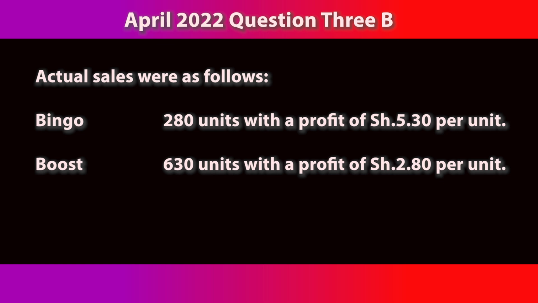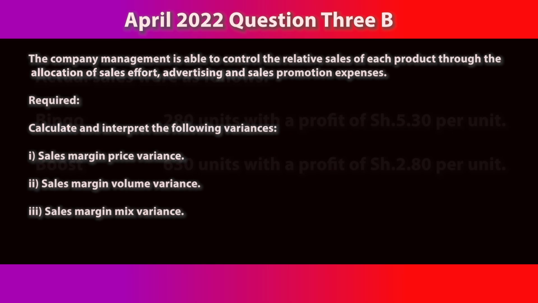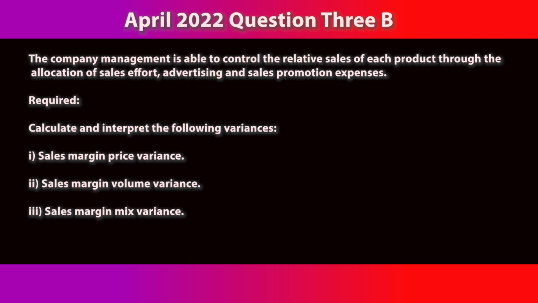Actual sales were as follows for Bingo and Boost: 8 units with a profit of 5.3, 630 units with a profit of 2.8. The company's management is able to control the relative sales of each product through the allocation of sales effort, advertising and sales promotion expenses required.